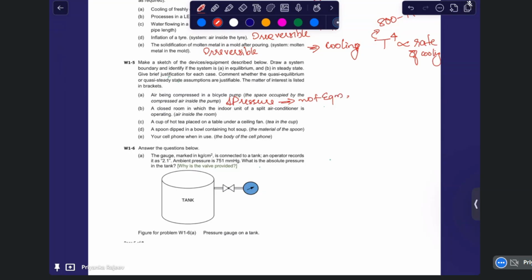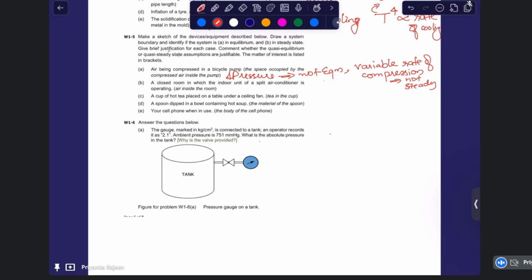And is it steady state? No, because there will be a variable rate of compression. So that is not steady state. Then we can assume quasi-equilibrium if there is a slower rate of compression.